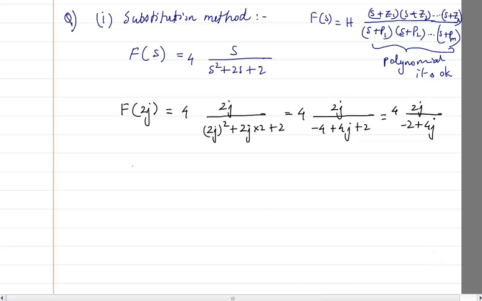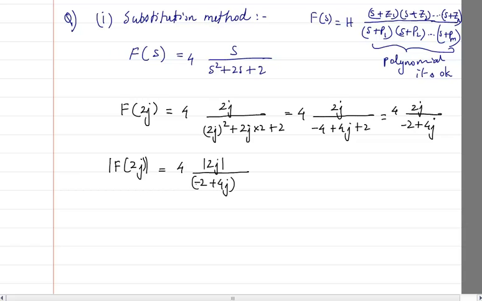So now if I am trying to take the magnitude of F(2j), I will take the magnitude of each and every component. 4 as such has magnitude 4 because it's a real number. I want the magnitude of 2j, and the magnitude of the denominator minus 2 plus 4j also.